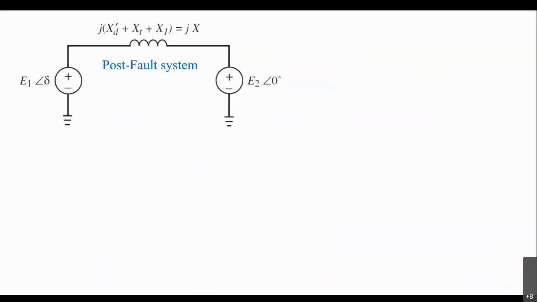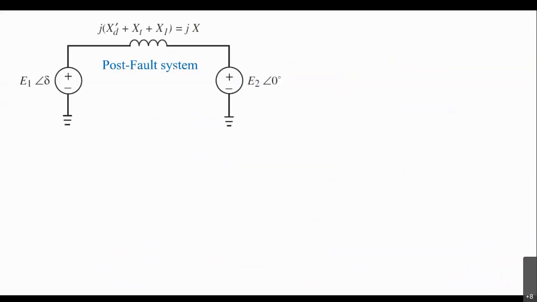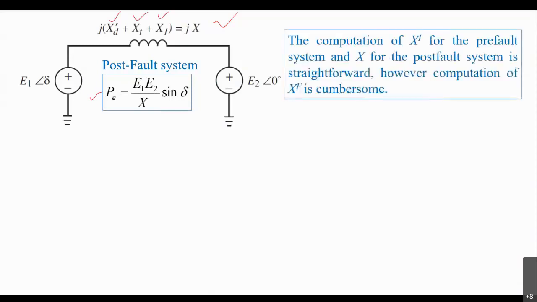This is the post-fault condition where the fault is removed and all the reactances are added. The line reactance, transformer reactance, and generator reactance are added together, and that gives us the final equivalent reactance x. Here P will be E1 E2 / x sine delta.